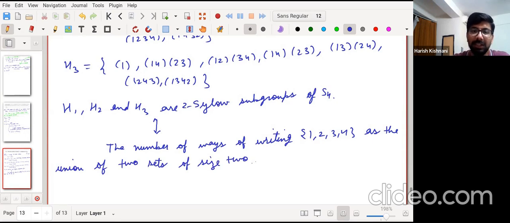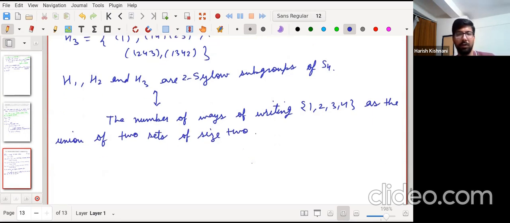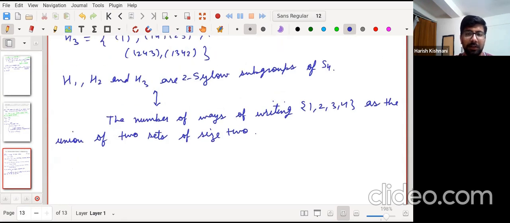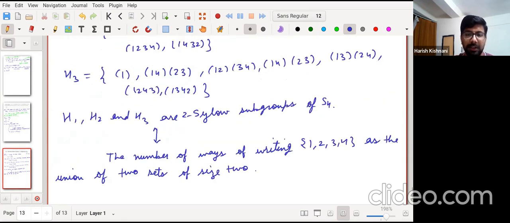If you want to see how this correspondence comes, you can see the book by Ian Herstein, page number something like 96, 97. There a statement is there that S_p^k has a p Sylow subgroup. So that proof gives you the construction of a p Sylow subgroup, how the p Sylow subgroup exists, and from there this correspondence comes.